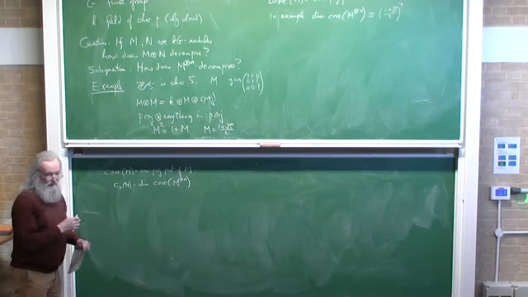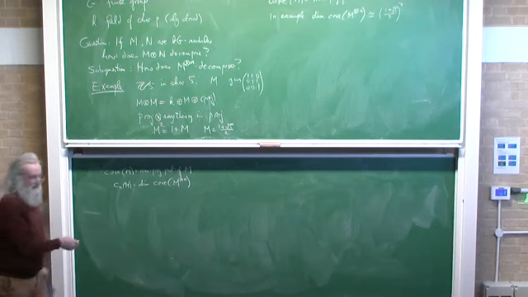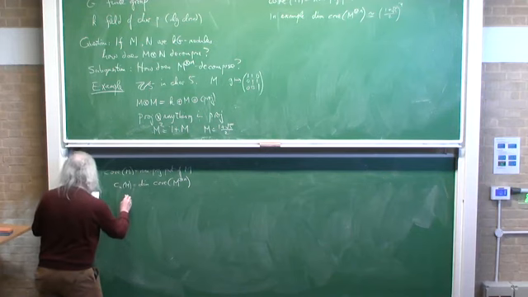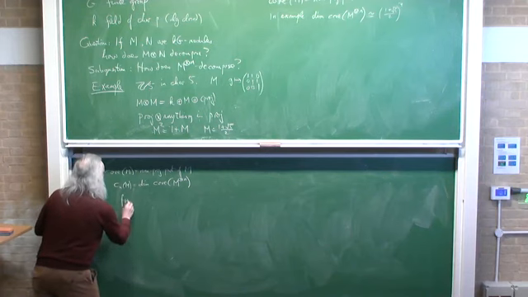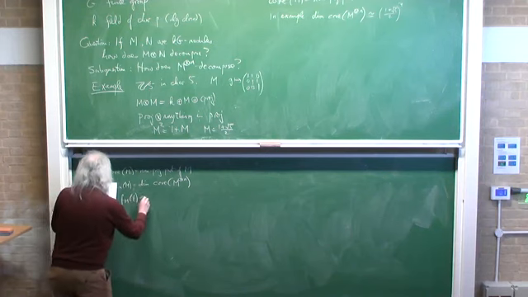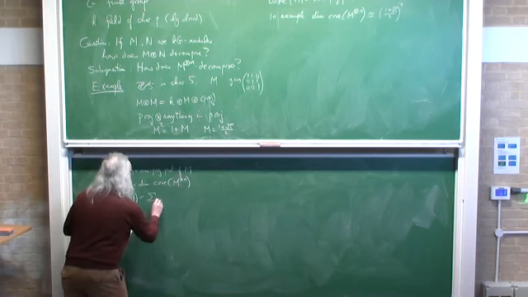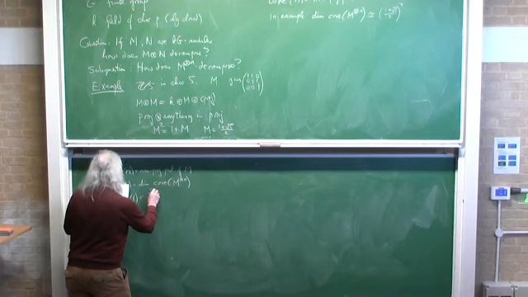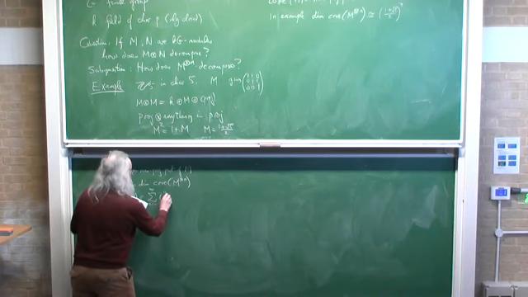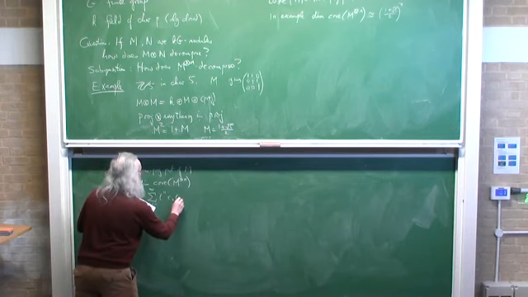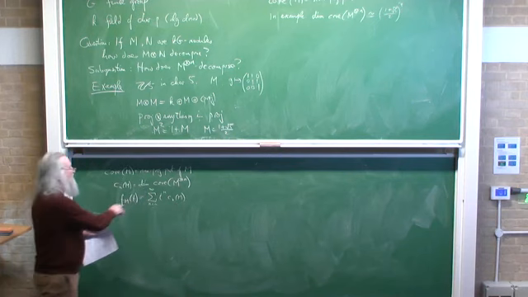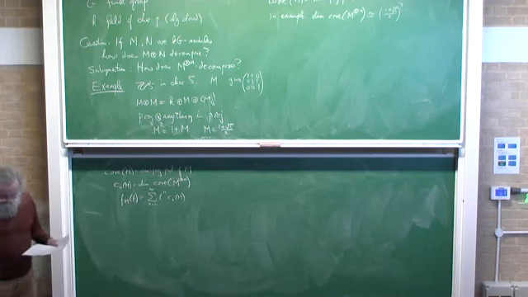And I want to form a generating function for this. So I'm going to write f_M of t for the sum from n equals 0 up to infinity of t to the n c_n of M. So c_0 is just going to be 1, of course.